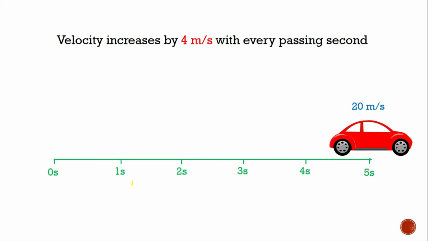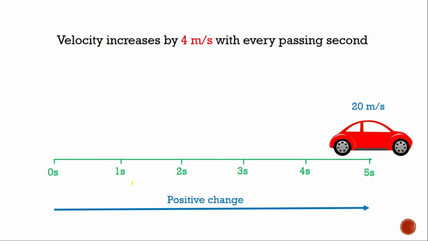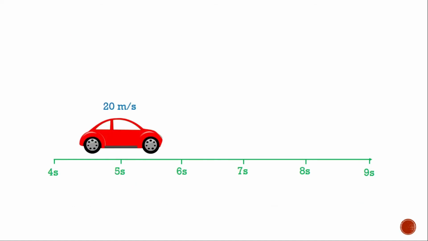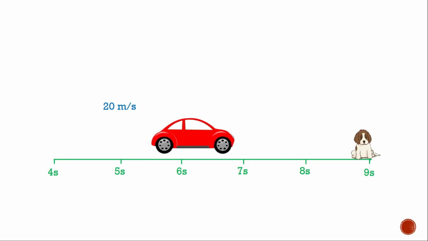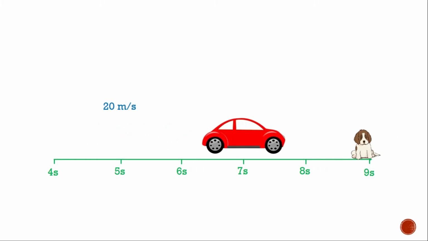Now see, here the change in velocity is in the positive direction only, which means that the velocity here is increasing with time. But this change in velocity can also sometimes be negative. Now suppose after the 5th second, the driver notices a puppy on the road, applies the brake and stops the car within 2 seconds.